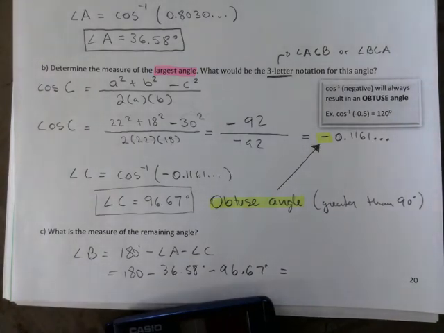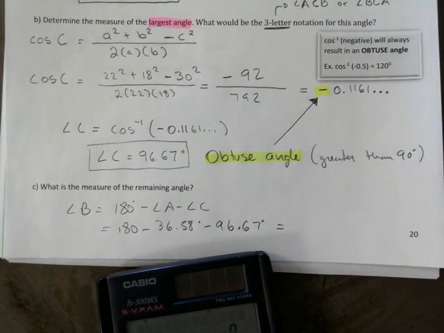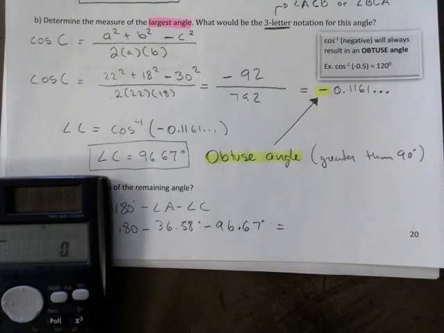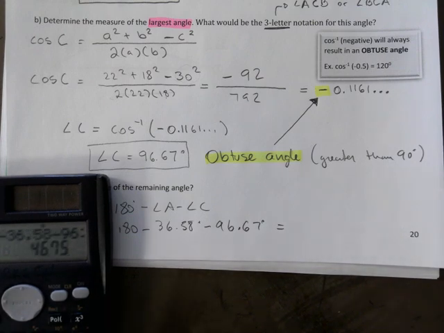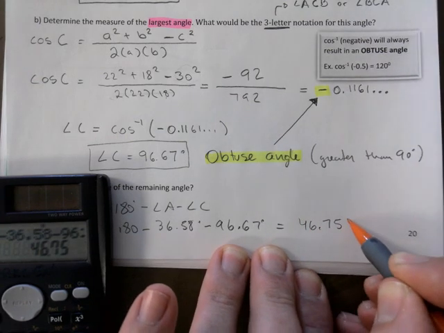Is it possible? It's actually not possible, right? You can only ever have one obtuse angle. 180 minus 96.67. So that's 46.75.